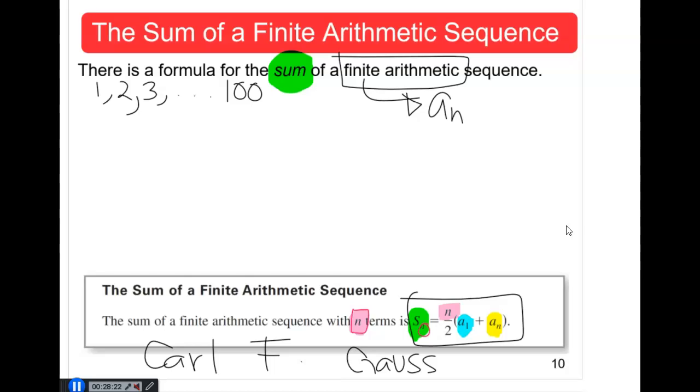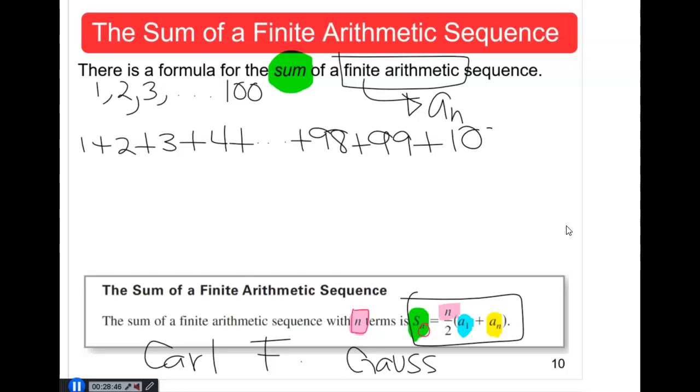So he wrote down the numbers: 1 plus 2 plus 3 plus 4 plus 5, and so on, all the way to, let me write some more, 98 plus 99 plus 100. So then he wrote them again, but this time in reverse.